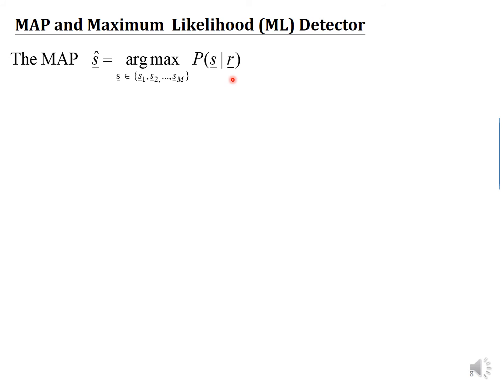Based on this vector R, we are trying to estimate which transmitted signal was transmitted, the one that maximizes this conditional probability. Then we have the final estimate of the transmitted signal.